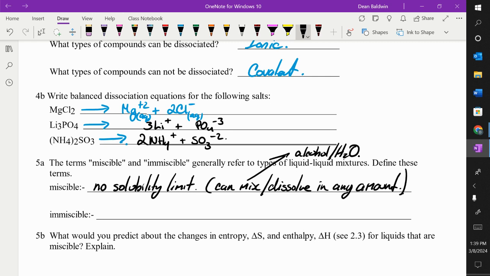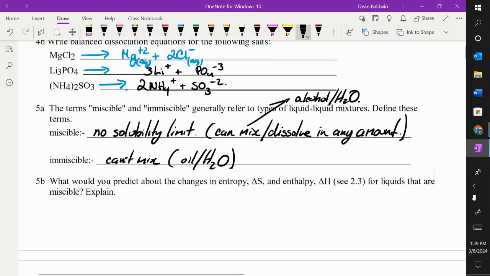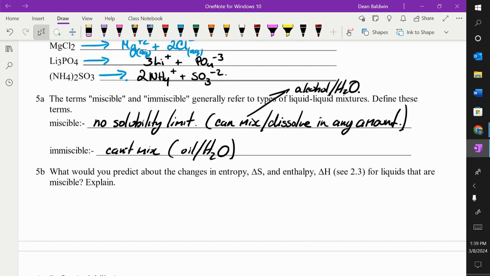What doesn't mix with water? Oil. That's an easy one, right? So oil and water will not mix. In the second lesson, we look at why they don't mix.